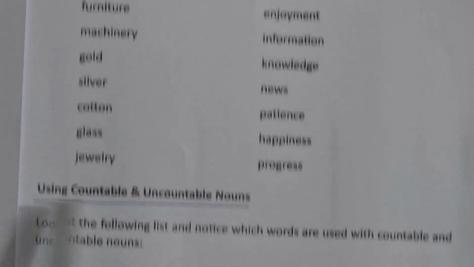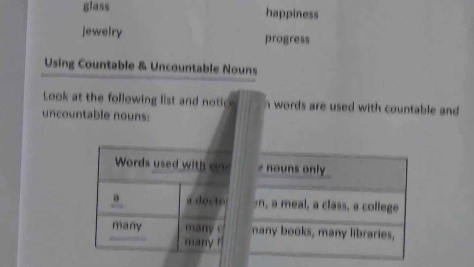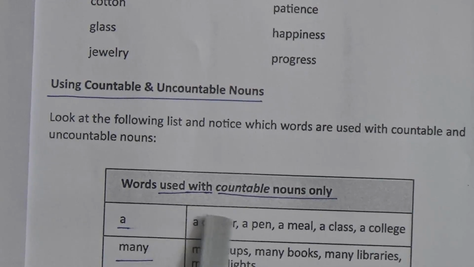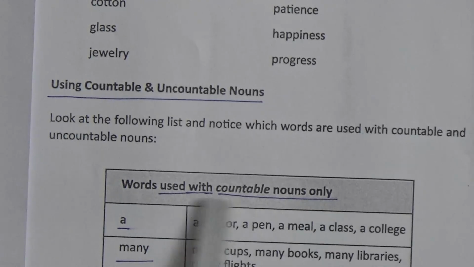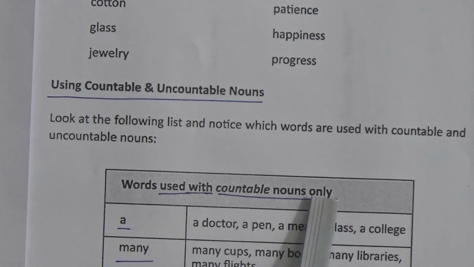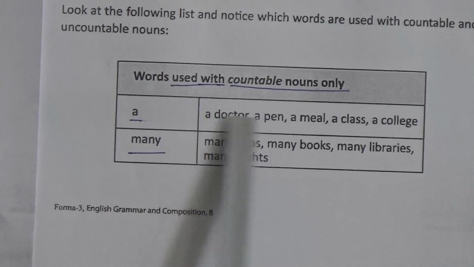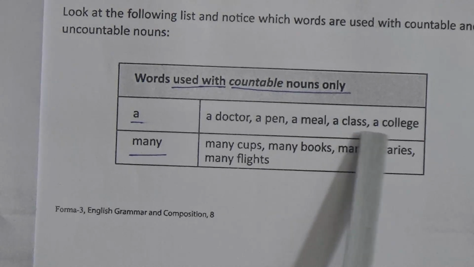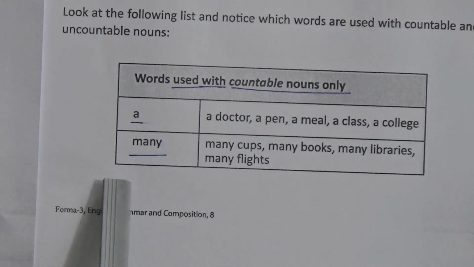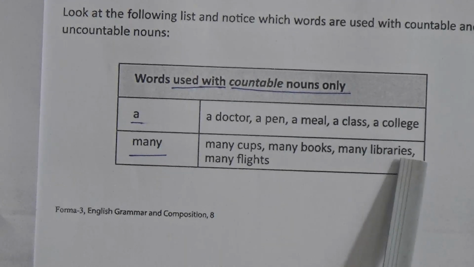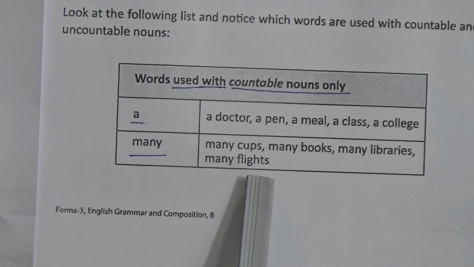Let's look at some usage of countable and uncountable nouns. Okay? There are some words which are used with countable nouns only. See the list. At first, a doctor, a pen, a meal, a class, a college. Then many cups, many books, many libraries, many flights.